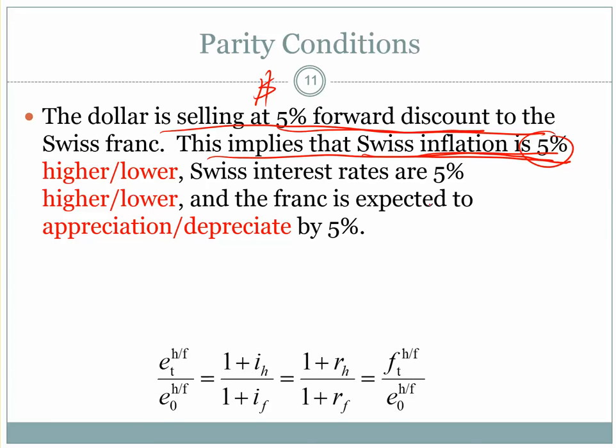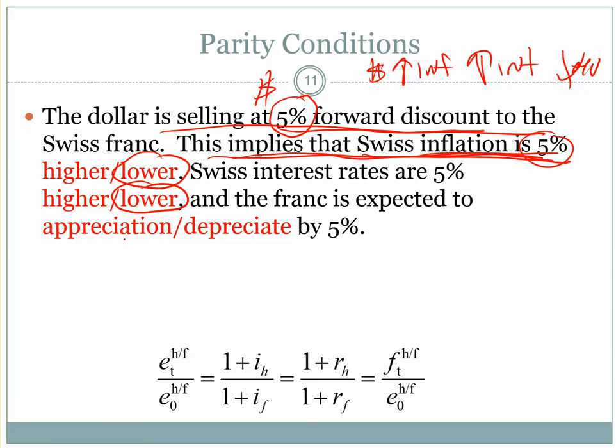So if the dollar is at a discount, I would assume that the dollar has higher inflation, higher interest rates, and it's expected to get devalued. So this implies that the Swiss inflation is 5% lower than the US. Swiss interest rates are roughly 5% lower than the US in sovereign bonds. And the Swiss franc is expected to appreciate by about 5%. Again, it's the equality of all the conditions.